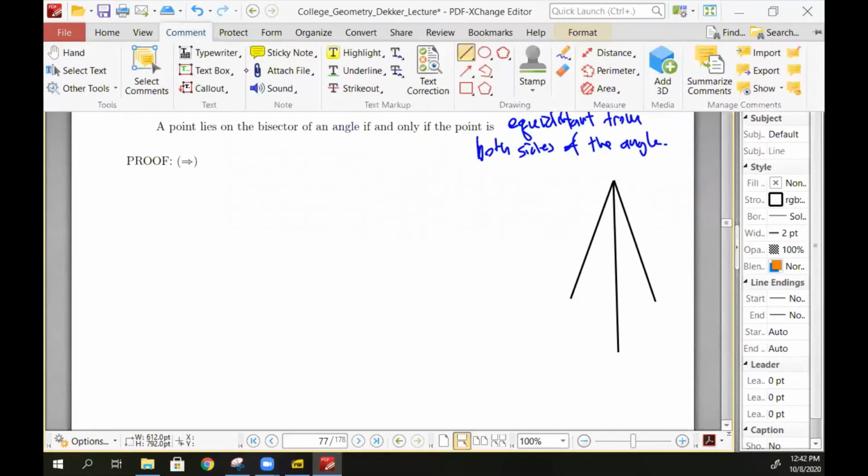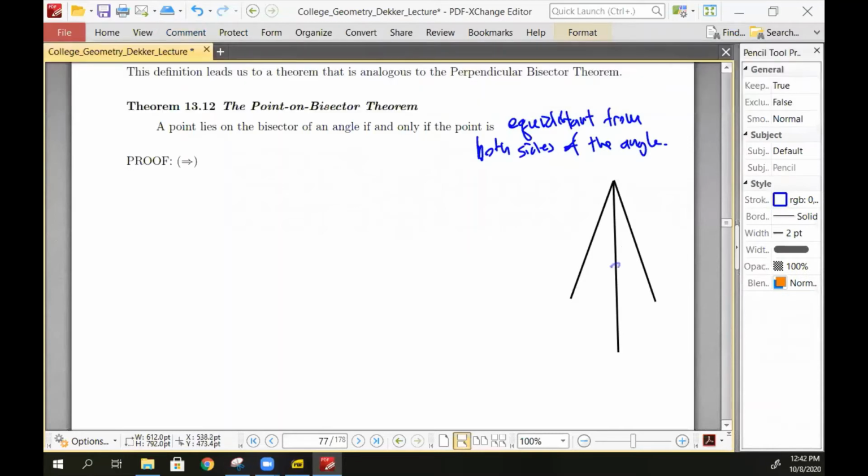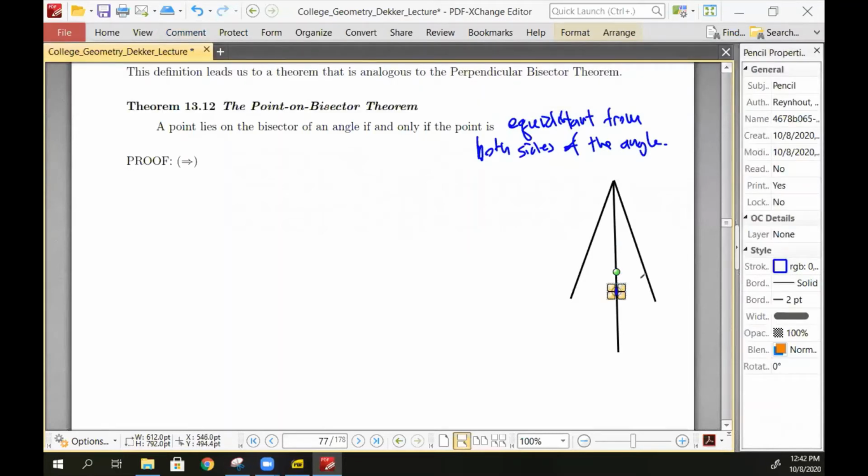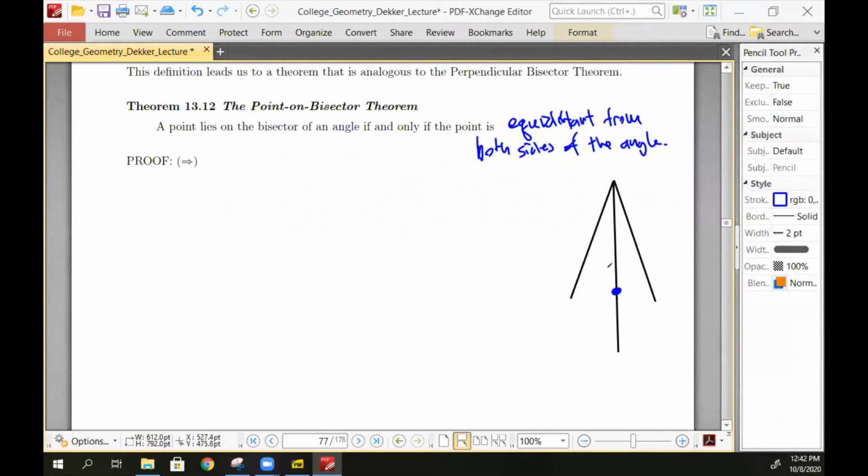And we want to show that a point P is on the bisector if and only if it's equidistant from both sides, the same distance.